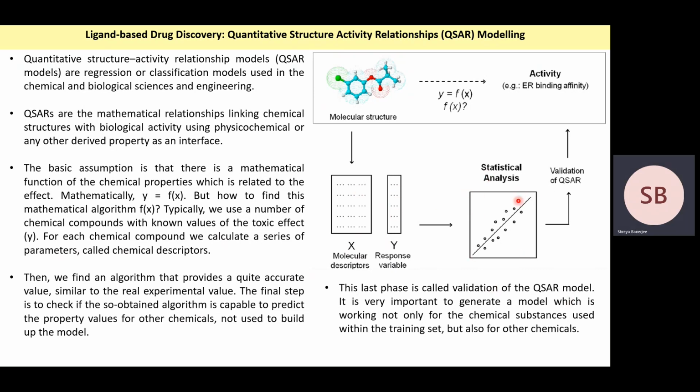And in order to validate whether our structure activity relationship is correct, a chemical is used which is not the test chemical. The test chemical is the one which we had used to make the initial structure activity relationship.